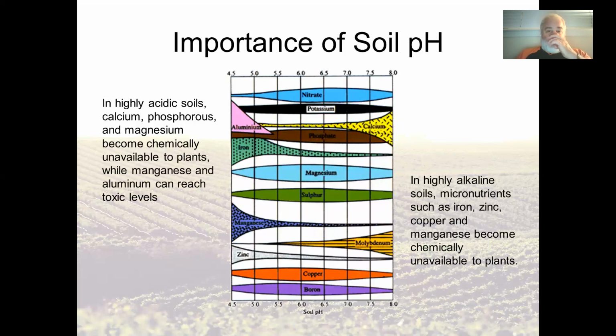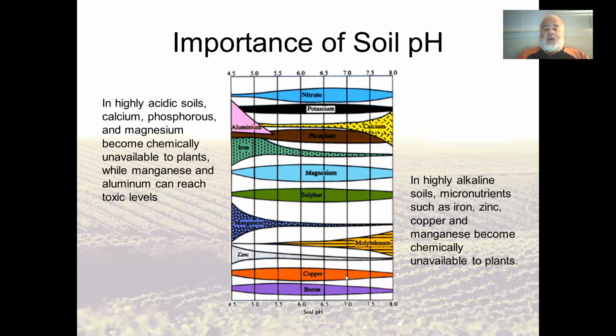Now here's another version of that pH chart, a little more colorful and a little more dramatic in how it shows the availability. It's exactly the same thing as the previous chart, except it goes a narrower range from 4.5 up to 8. So neutral is way over here on the right-hand side of this chart at pH 7.